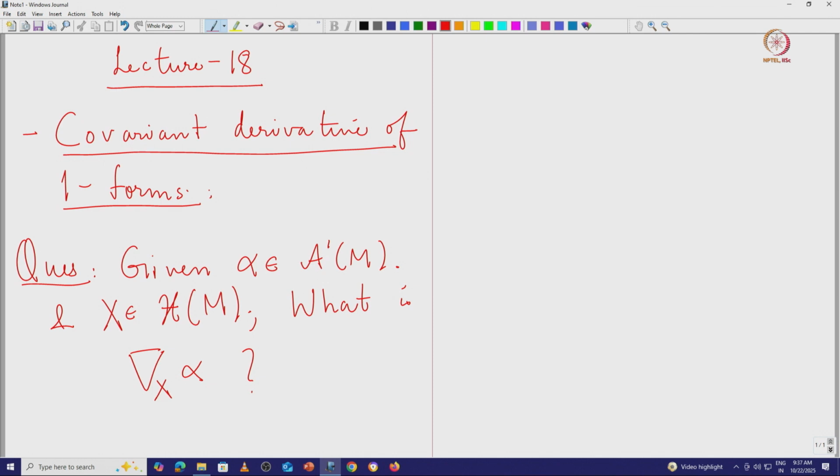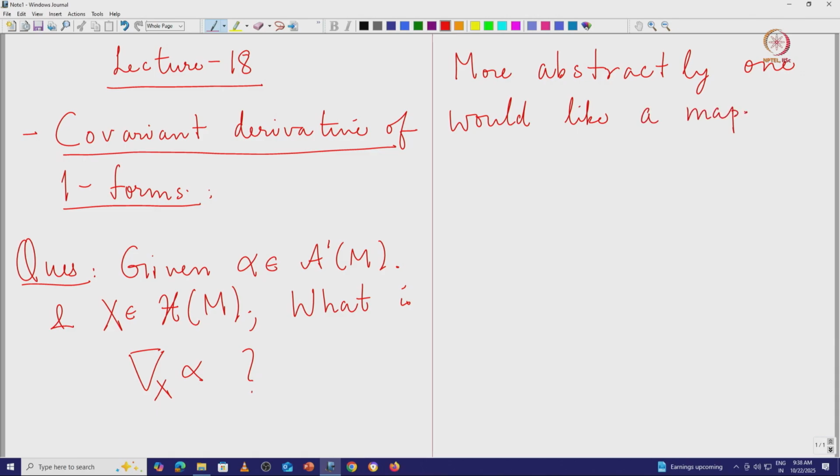More abstractly, one would like to construct a map which I continue to denote by nabla, that takes in a vector field and a one form and spits out another one form.